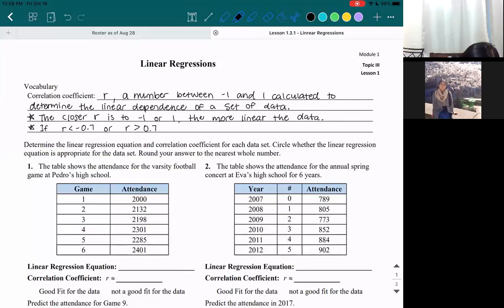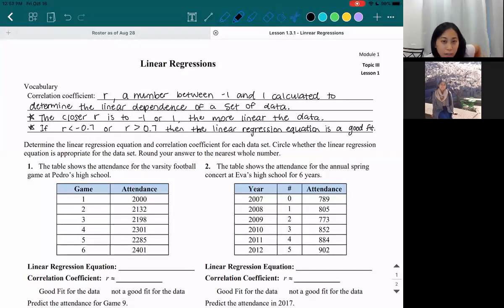So if r is in those ranges, then the linear regression equation is a good fit. Okay?